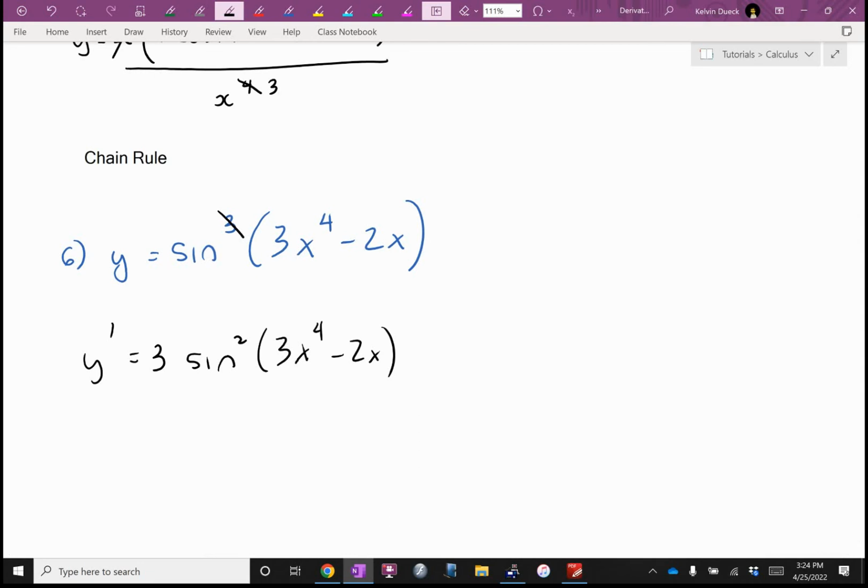What's the next outer function? Sine. What's the derivative of sine? Rewrite what's inside.